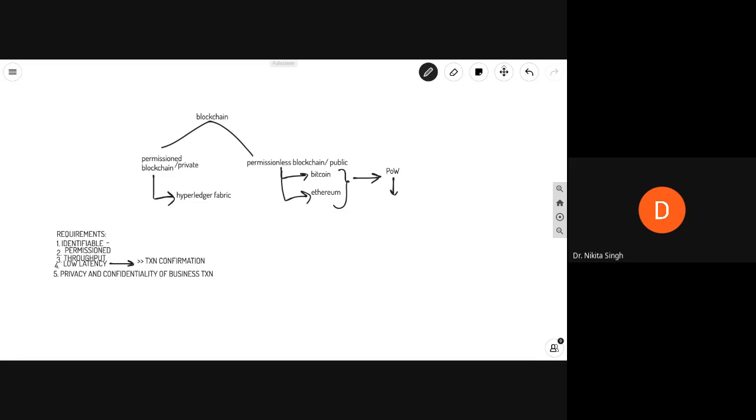For enterprise use, we need to consider the following requirements. That is, the transactions should be identifiable. Participants also should be identifiable. The network should be permissioned. There should be high throughput in the system. Transaction confirmation should involve low latency, and there should be privacy and confidentiality of business transactions.